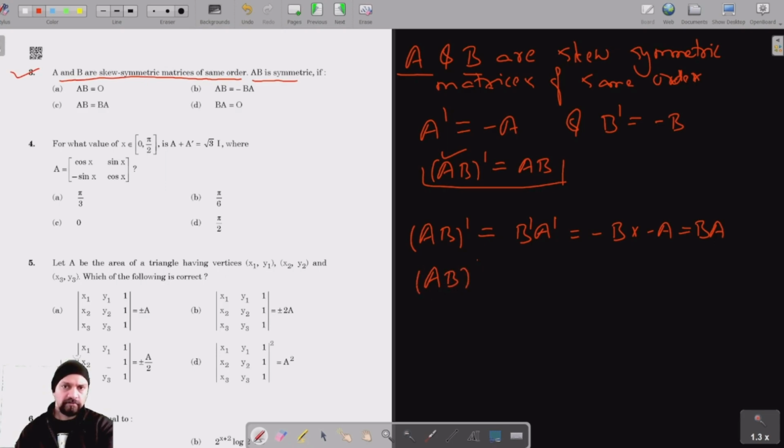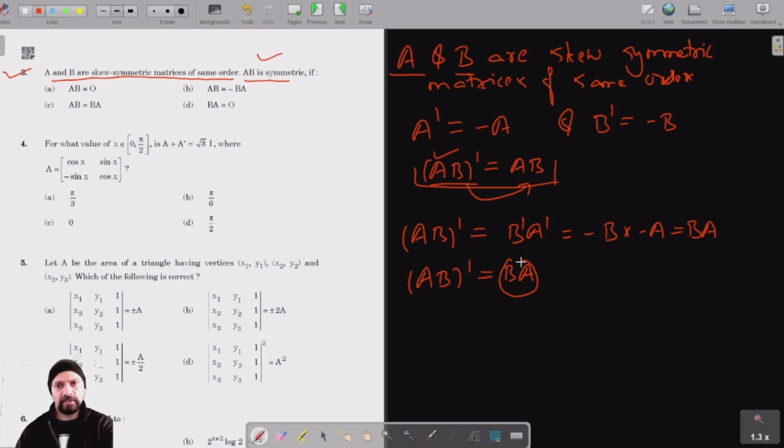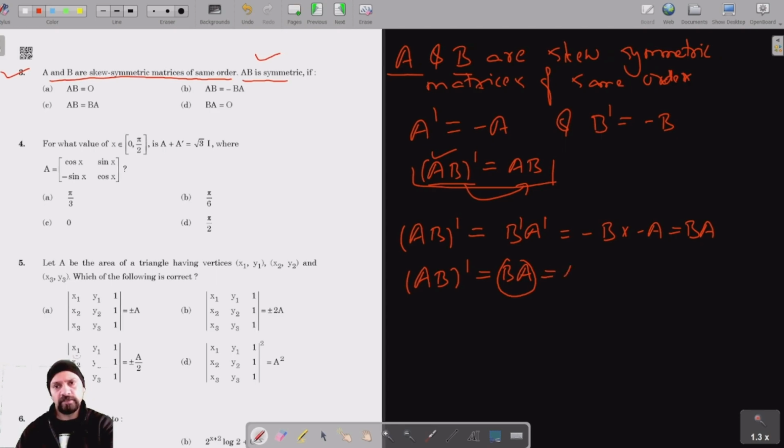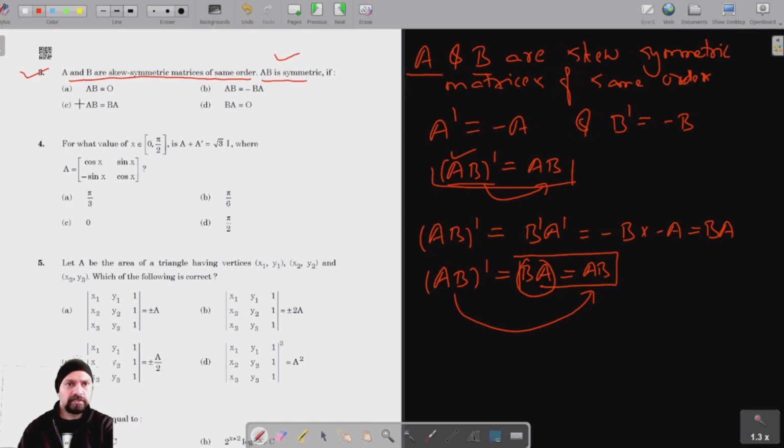So AB transpose is equal to BA, and we know that AB transpose should be equal to AB for AB to be symmetric. So instead of BA, it should be AB. When BA is equal to AB, then AB transpose is equal to AB, and then AB is symmetric. So the condition here is AB is equal to BA.